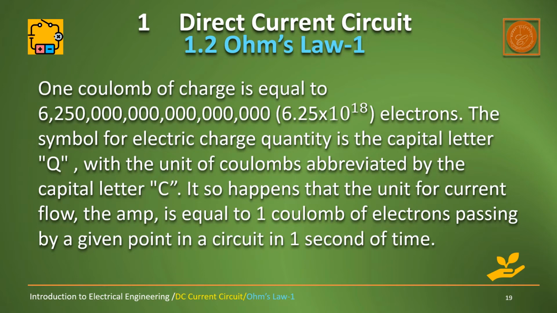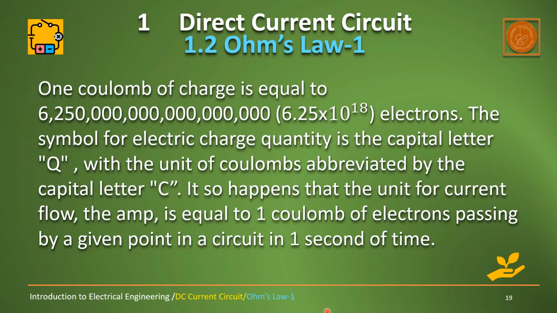One coulomb of charge is equal to 6.25 times 10 to the power of 18 electrons. The symbol for electric charge quantity is the capital letter Q, with the unit of coulombs abbreviated by the capital letter C.